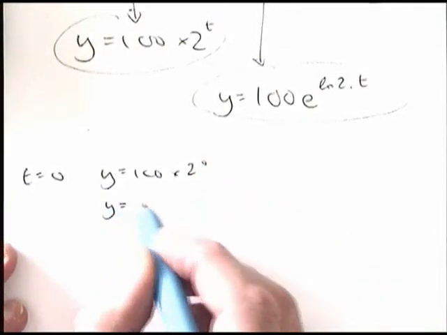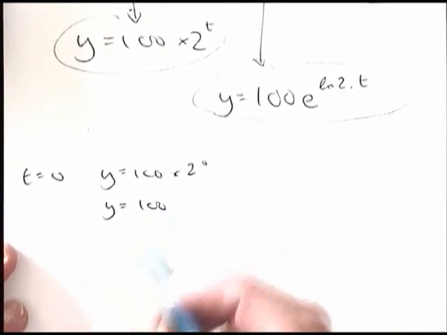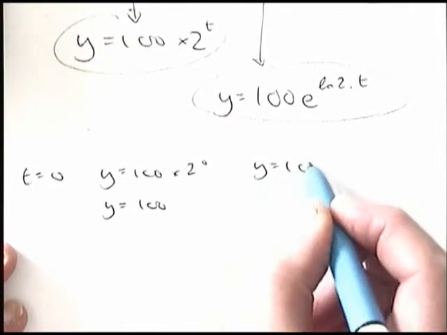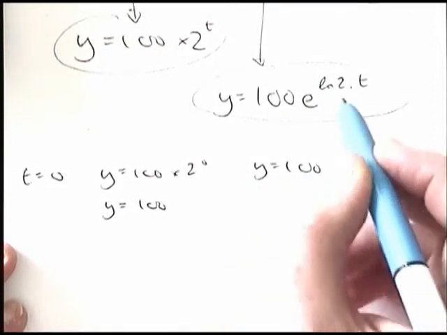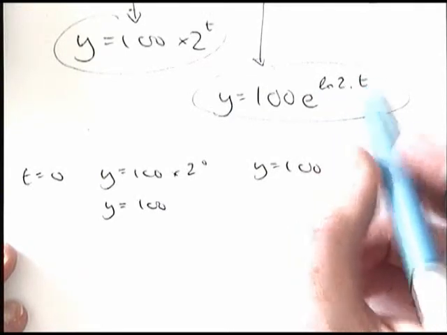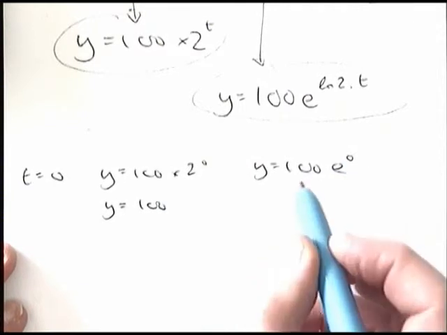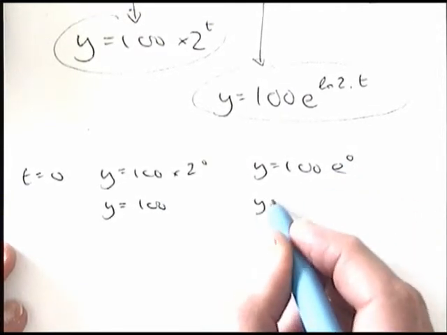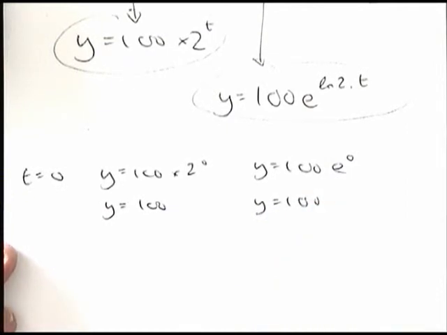So I'm going to get Y is 100 times 1. Y is 100. That's true, that's what we expect. In this version over here, I'm going to get Y is 100 e to the log of 2 times 0. Times anything by 0, you get 0. So that's 100 e to the 0. e to the 0 is 1, so I do get Y is 100.